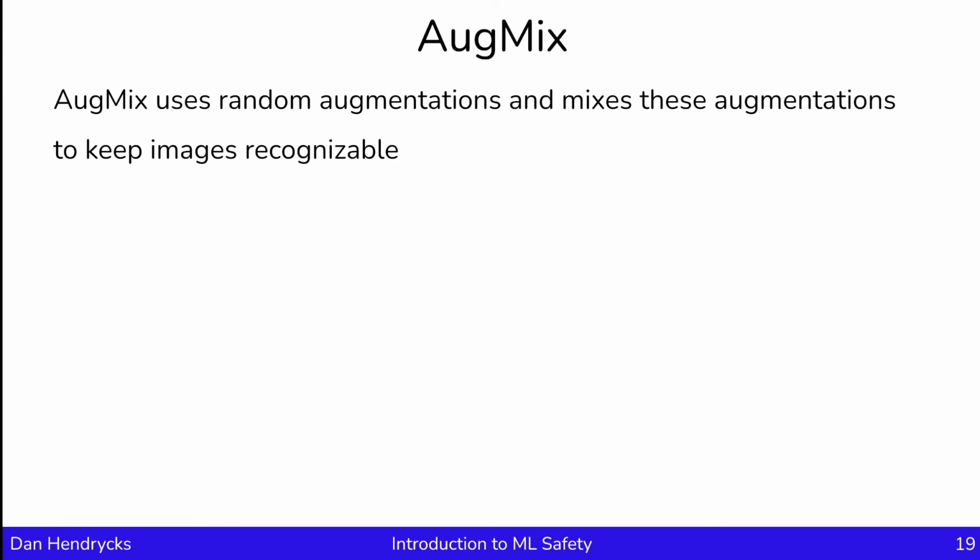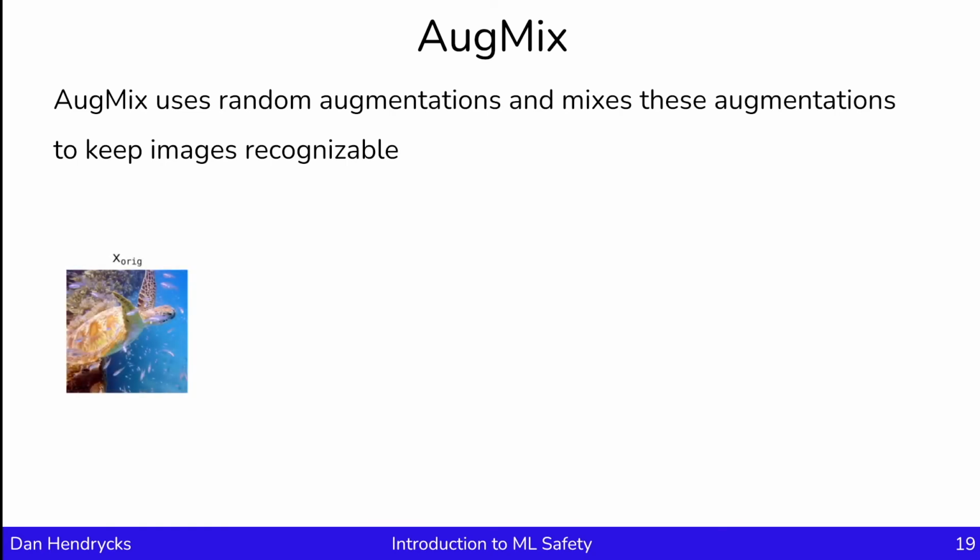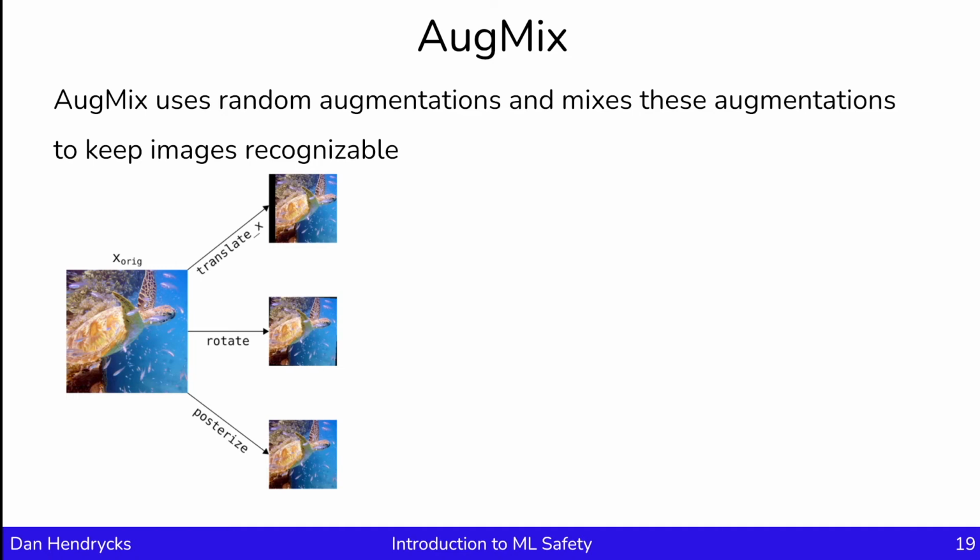Let's look at a concrete example of AugMix. Continuing with the tortoise example, AugMix in the first step augments the image in 3 different ways. It randomly samples 3 different augmentation operations and applies those augmentations at a random intensity.